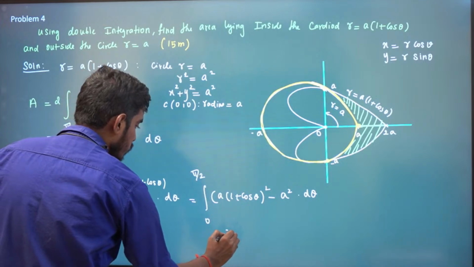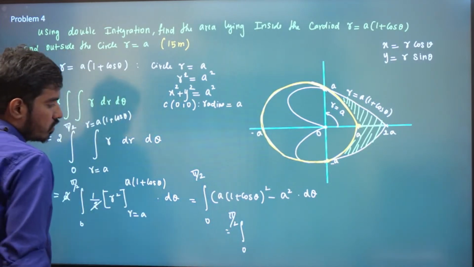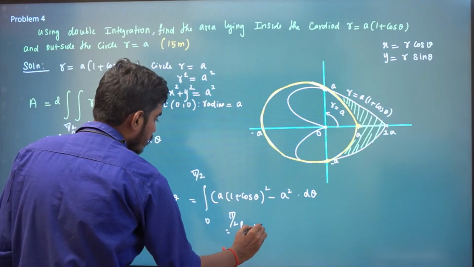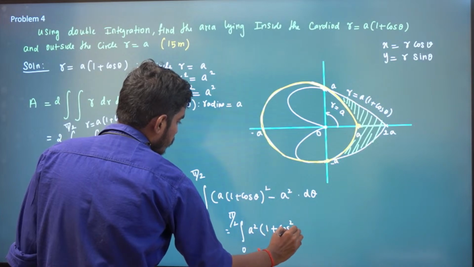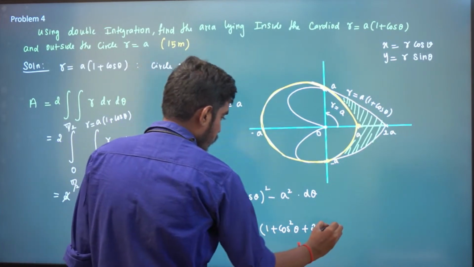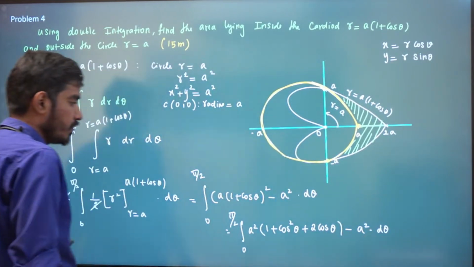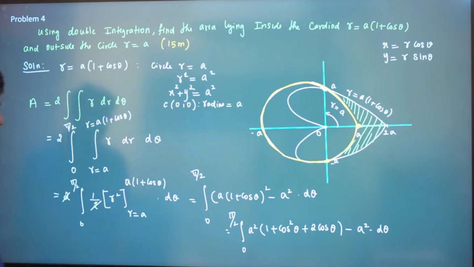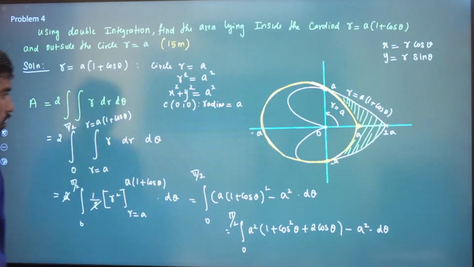So this is the integration from 0 to pi by 2 of a square times the expansion: (1 plus cos theta) whole square is a square plus b square plus 2ab, and then we have minus a square d theta. Now we multiply a square inside, so this a square and this a square will get cancelled.